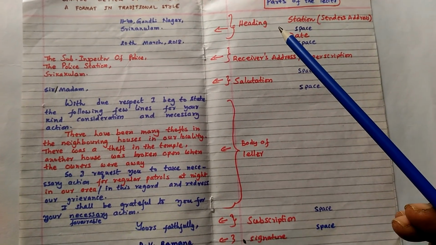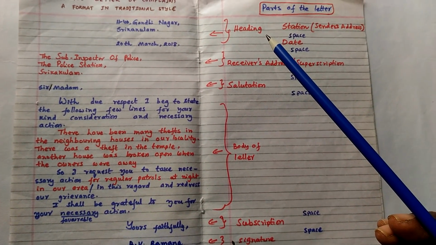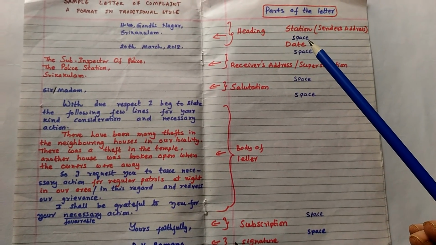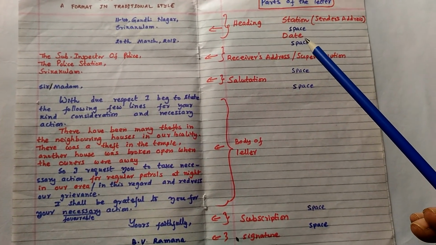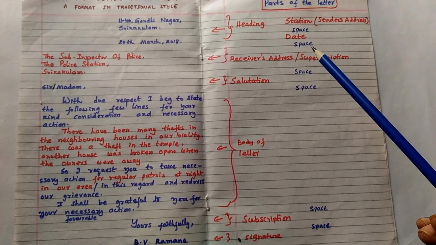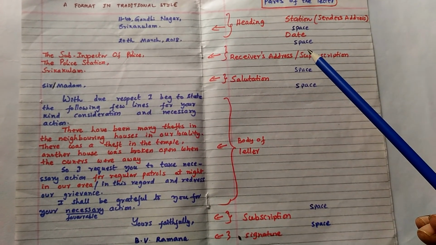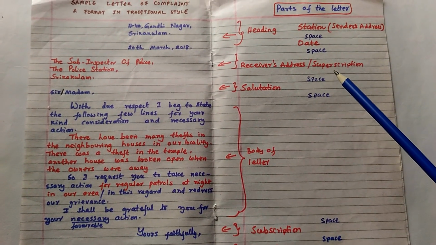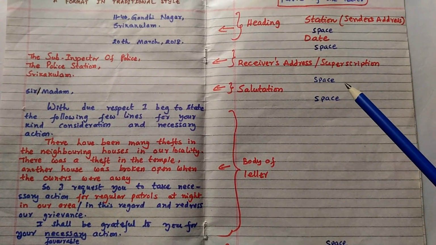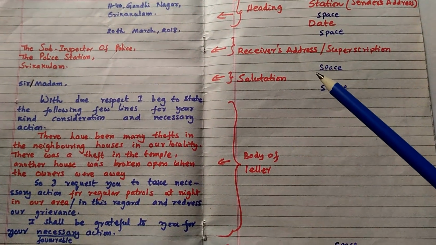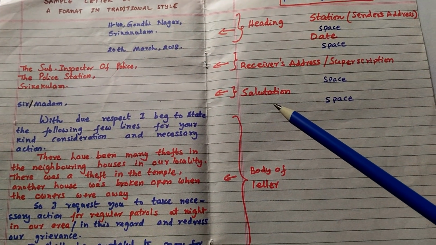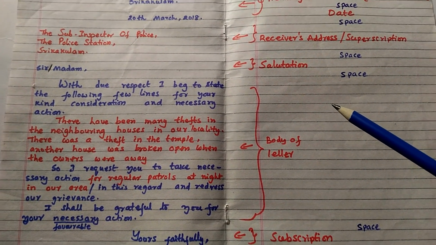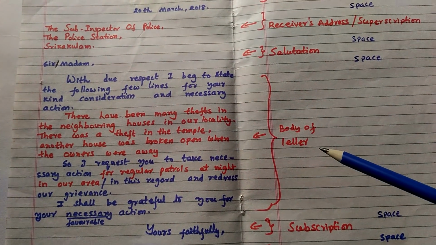So first, in this letter there is the heading. In the heading there will be the station, and after that some space will be given, and we have to write the date, and then some space, and then we have to write the receiver's address, that is the superscription, and then we have to write the salutation and give one line space, and then write the body of the letter.